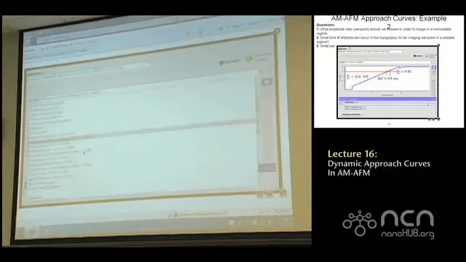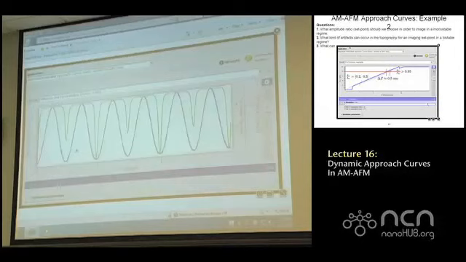If we go down to 0.3, somewhat of an interesting result here. You notice that we're still in the attractive regime, and we haven't touched any repulsive forces yet. But you'll see that the tip-sample interaction forces in green look somewhat irregular, right? They're not repeating exactly every cycle.